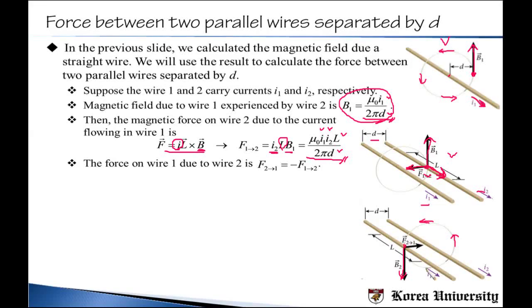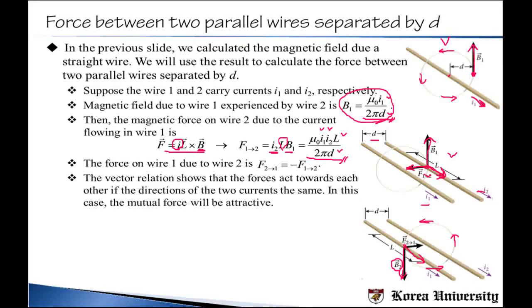And now the L vector will be going this direction. And what is the size of this magnetic field, B2? If you compare with this, B2 will be mu naught I2 divided by 2 pi d, right? And then finally, again using this equation, in this situation this current has to be I1, right?